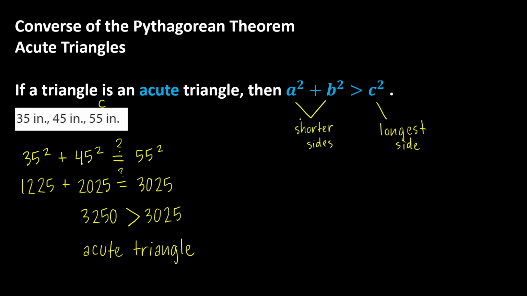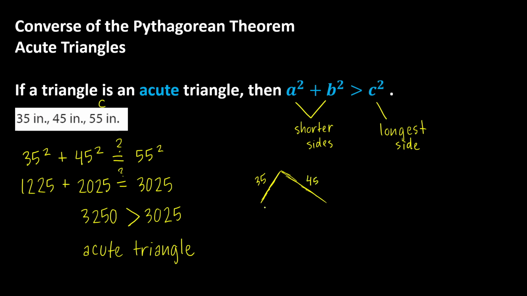And just to visualize this here, and this is estimating, this is in no way exact. Let's say this side is 35 inches. So that means my next side is going to be a little bit longer than that. Let's call this 45.